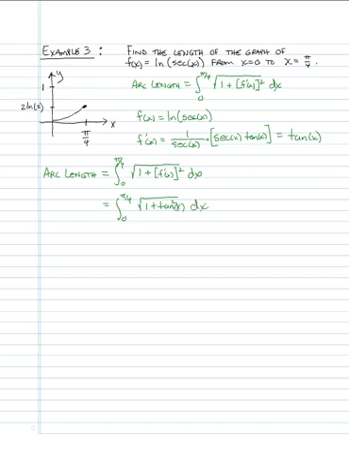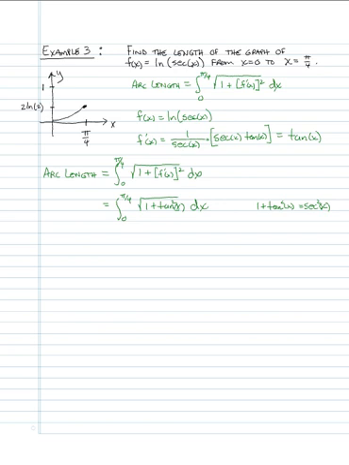Now, of course, that looks like something that we don't know how to integrate yet, but we'll note that 1 plus tangent squared of x is equal to secant squared x. That's one of our Pythagorean identities from trigonometry. So that might be a little easier to deal with.